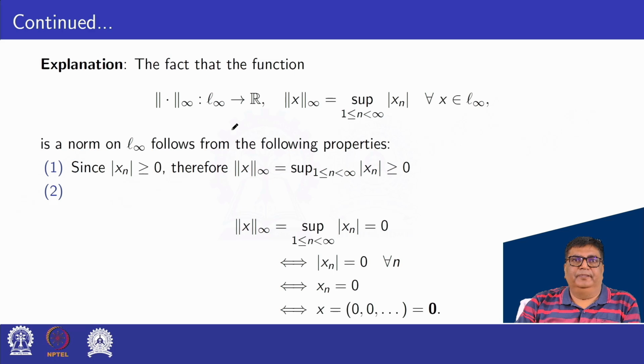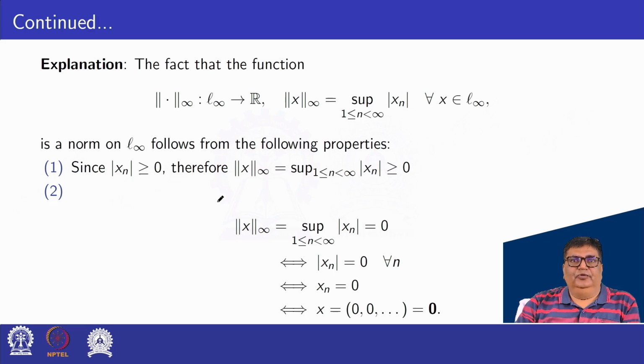Now we first prove L infinity is a normed linear space, and then completeness. So here the mapping norm from L infinity to R is defined as norm x infinity equal to the supremum over 1 less or equal to n less than infinity of mod xn.